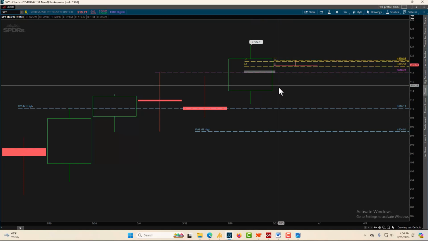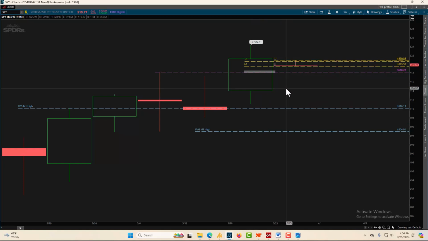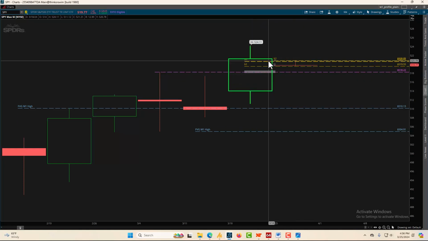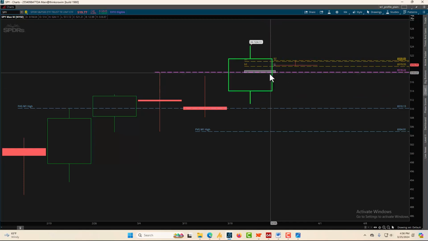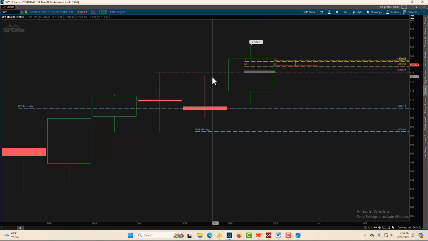So whoever, maybe smart money people or market makers, put all their sell orders in here to match these up close candles right there. And this is the key level we need to watch for this week. If it breaks down, then it's going to come down.